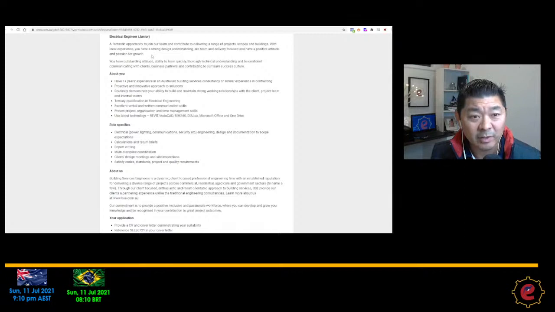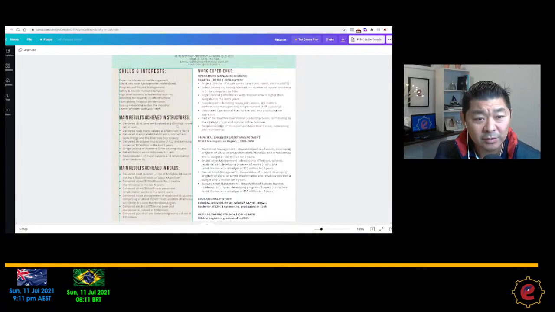You can see that they are focusing a lot on positive attitude, outstanding attitude, communicating with clients, business partners, etc., which is soft skills. So any experience that you have had in exploring your soft skills, you should include in your CV, and also in your skills and interests, and in the main results achieved as well.